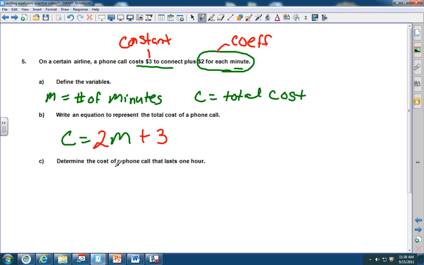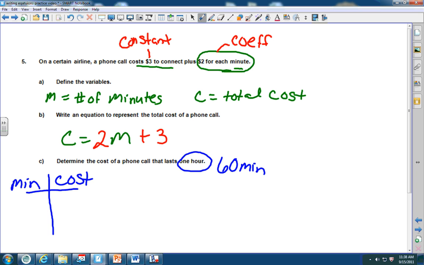It says determine the cost of a phone call for 1 hour. So right here, I've got my minutes and my cost. And it says for at least 1 hour. Well, when I look here, I've got minutes, 60 minutes equals 1 hour.